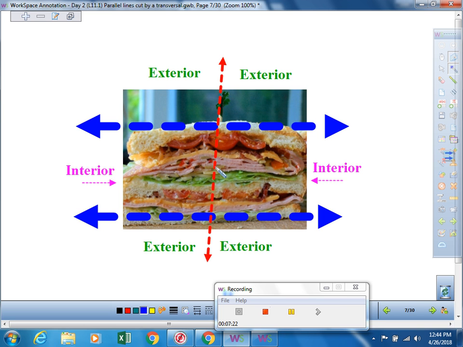Everything inside the bread, all the meat, the lettuce, the mayonnaise, is considered the interior. So if you think of the parallel lines as the bread, inside the bread is the interior, and then everything outside, the plate, your hands grabbing it, the air, all that is the exterior.